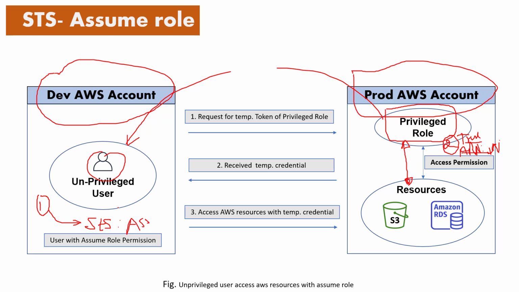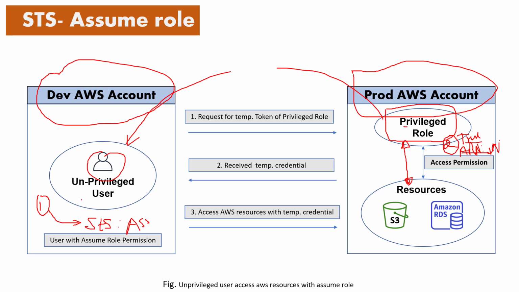Once you have the two requirements, this user can request temporary credentials for this role, because first, I already have the permission to assume this role, and second, in this role this user is a trusted user. So this user can request a temporary credential.